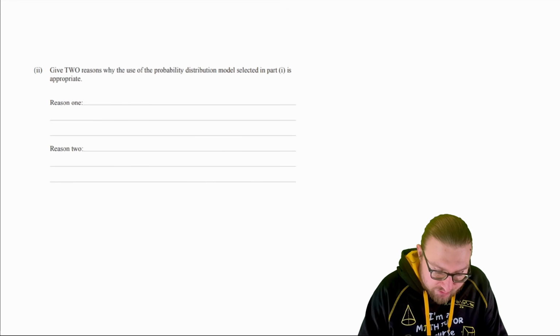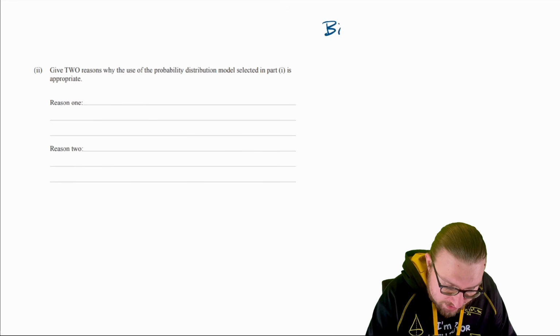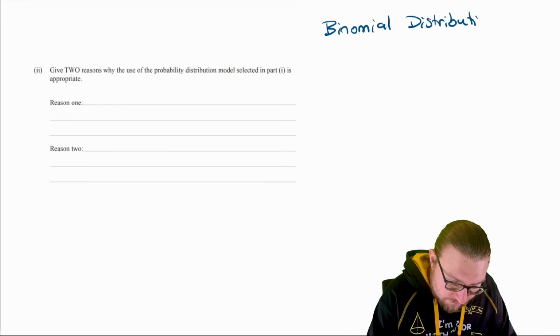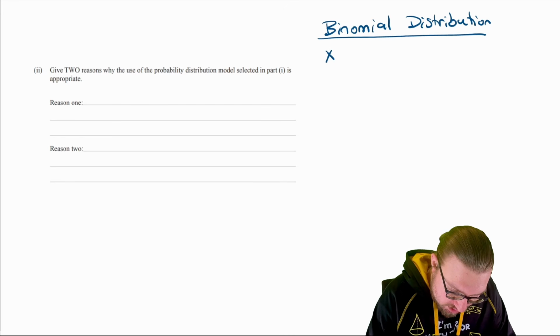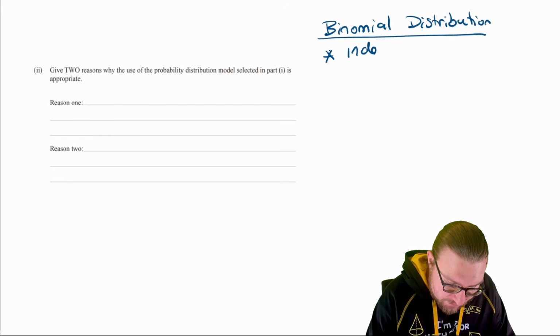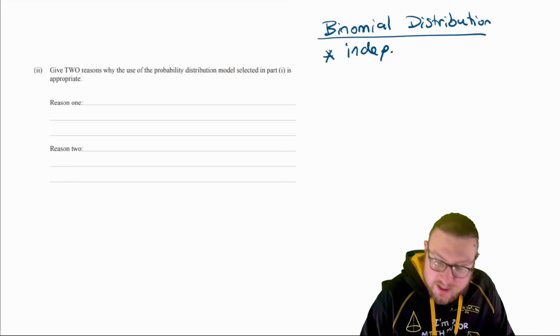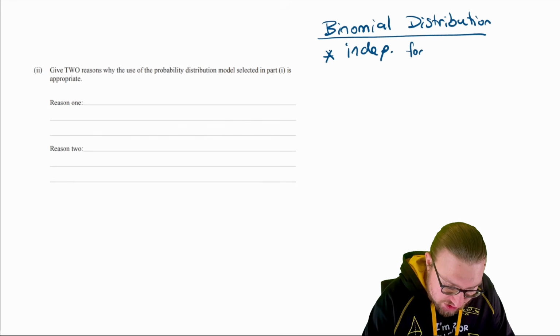Yeah, so if you guys remember, the binomial distribution has several parts that we need to fulfill. So for example, we want independence. Yeah, they want independence for each trial.